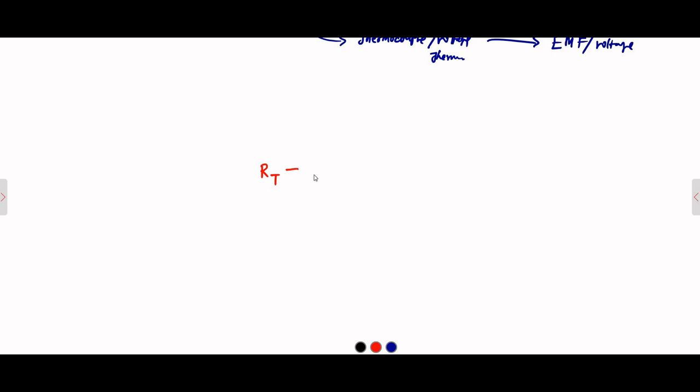Then we have the resistance value at the lower fixed point, divided by the resistance value at the upper fixed point minus the resistance value at the lower fixed point. This we multiply with the difference between the temperatures at the upper fixed point and the lower fixed point. This gives us the temperature value. So here temperature is measured with respect to the resistance readings.